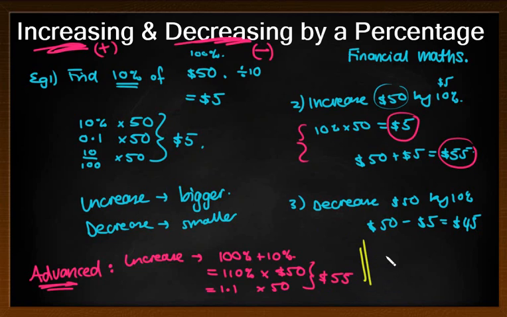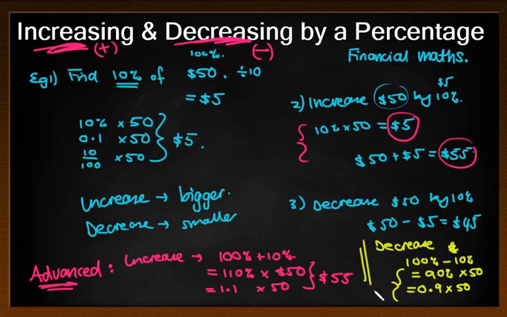Likewise, if you're looking at decreasing, if you decrease 100% by 10%, what does that mean you've got left? Well, we've got 90%. So if we do 90% times 50, or 0.9 times 50, the answer will still be that $45, and it just gets the calculation in one hit.